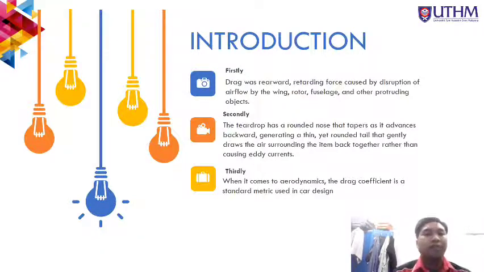The drag car has a rounded nose that tapers as it advances backward, generating a thin yet rounded tail that gently draws the air surrounding the object back together rather than causing eddy currents. So we're trying to make the car an aerodynamic shape, so it may go through the air and easily catch the air.